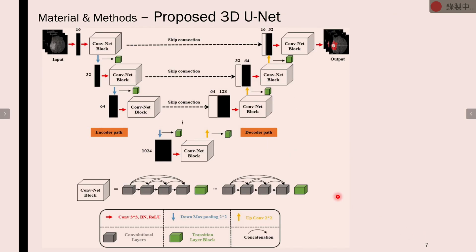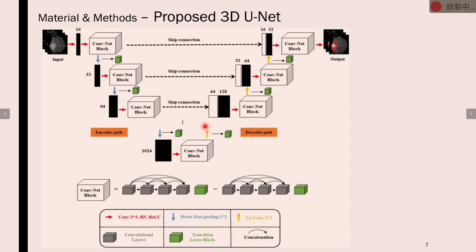This slide shows the architecture of the proposed 3D UNet. It includes the encoder path and the decoder path, with symmetrical layers. The downsampling is done using max pooling, and upsampling is done through transpose convolution.